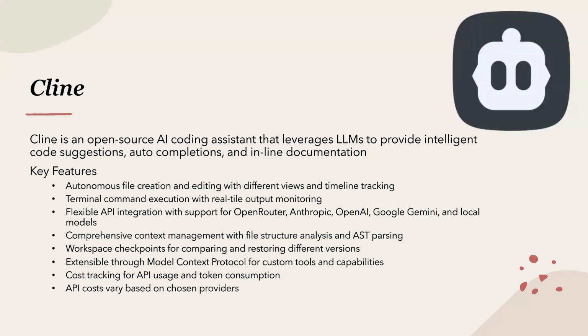Some of its key features include autonomous file creation and editing with different views and timeline tracking, terminal command execution with real-time output monitoring, flexible API integration with support for OpenRouter, Anthropic, OpenAI, Google Gemini, and local models, comprehensive context management with file structure analysis and AST parsing, workspace checkpoints for comparing and restoring different versions, extensibility through model context protocol for custom tools and capabilities, and cost tracking for API usage and token consumption. API costs vary based on chosen providers.